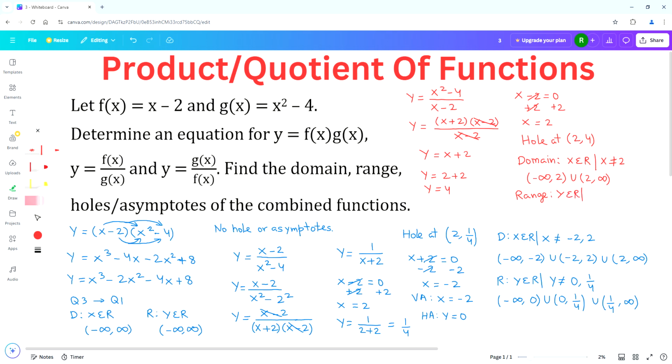For the range, we should exclude the y coordinate of the hole, which is 4. We can write this range in interval notation as follows. This should be the range for y = g(x) over f(x). So we are done with the third part.